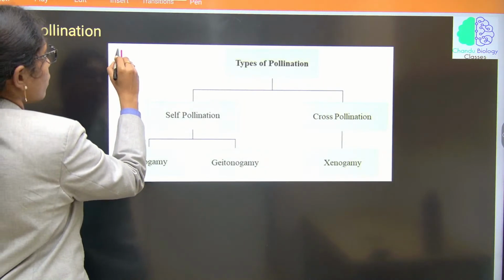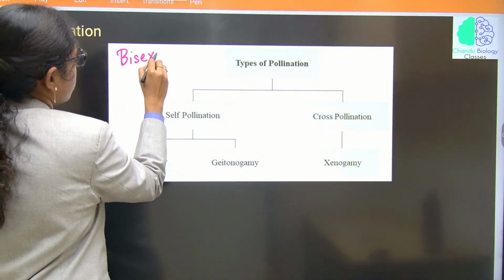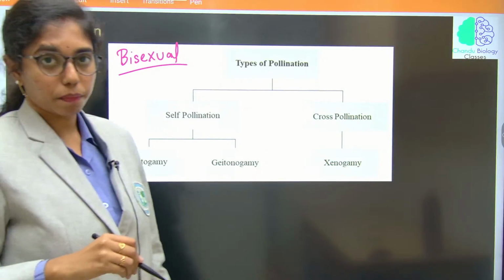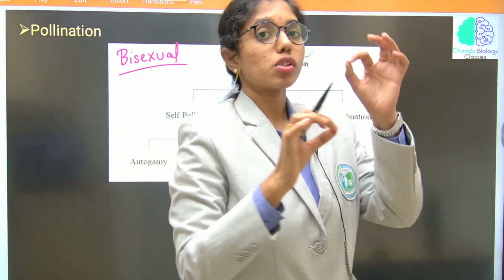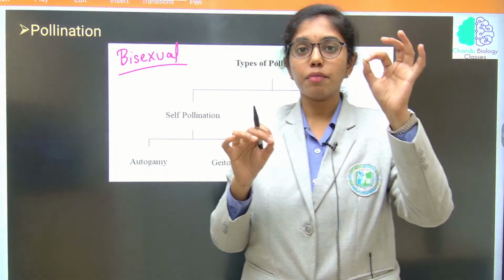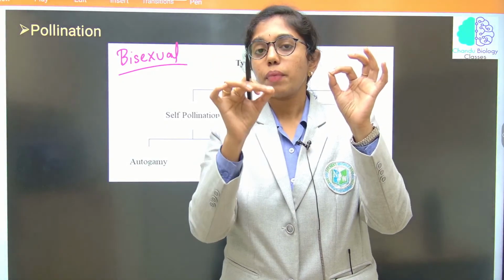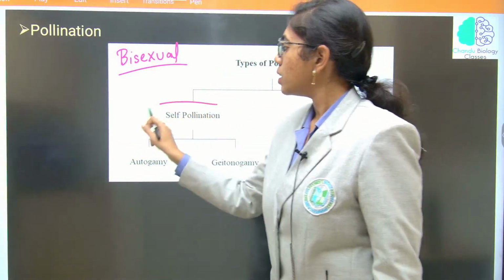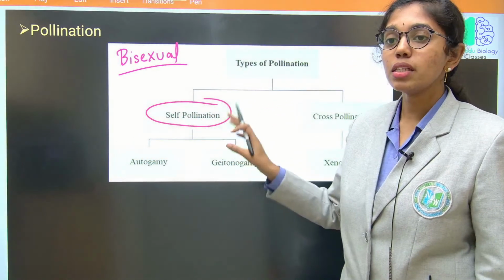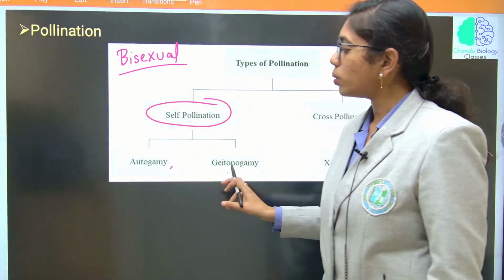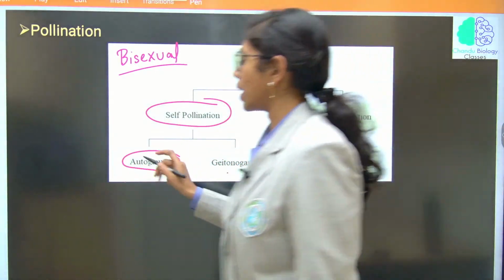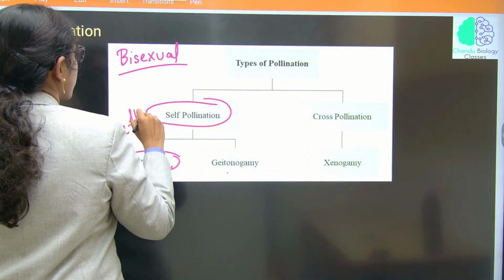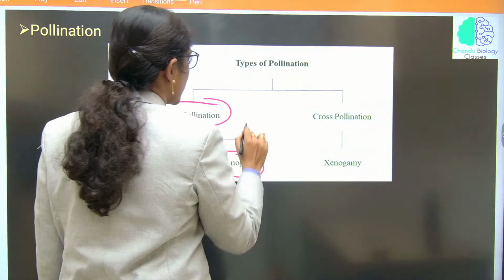In bisexual flowers especially, where both male and female reproductive structures are present, if the pollen grains of the androecium of the same flower land on the stigma of the same flower, then it is known as self-pollination. In self-pollination also we have two types. One is autogamy, which takes place inside the same flower, and geitonogamy, inside the same plant.